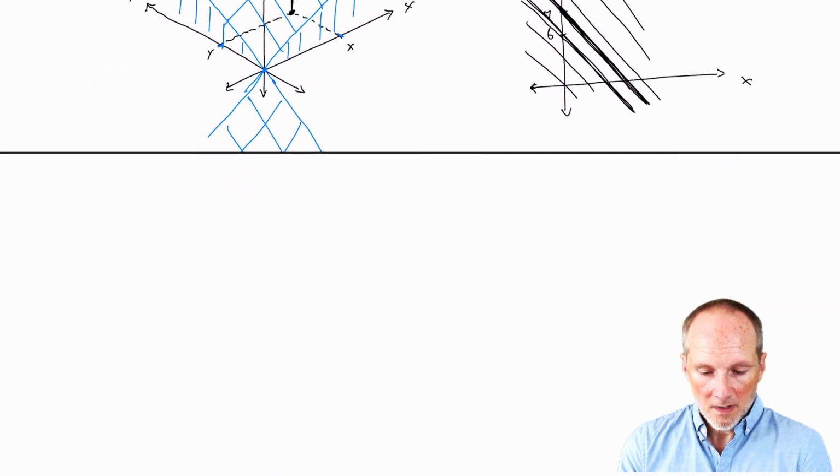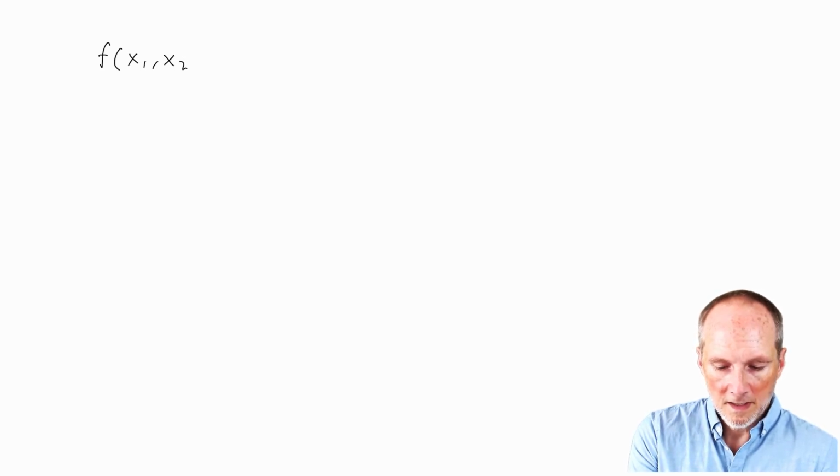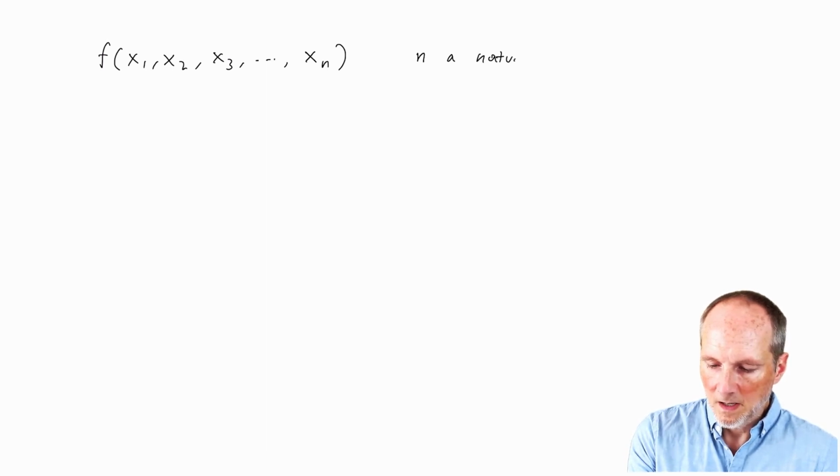Okay, so there's other functions, of course. Multivariate functions, they abound. You can have any number of inputs. So here n's a natural number. Oops.